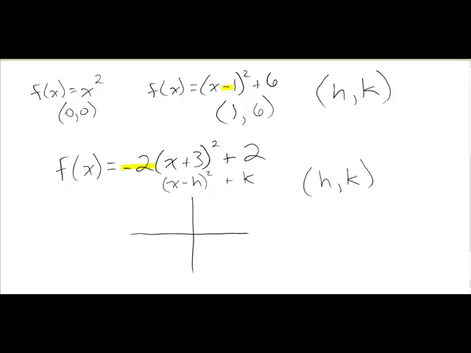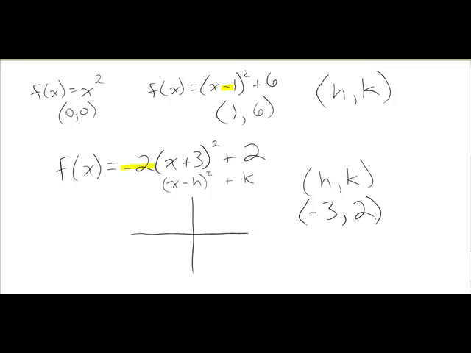Well, if it's x minus h, then h must be negative 3, because minus a negative would make that a plus. So my vertex is at negative 3, and then k is just exactly what it looks like. It's 2. So really, if you can just remember to change the sign on the number in the parentheses and keep the sign on the one on the end, then you're good. So we've got negative 3, 2.